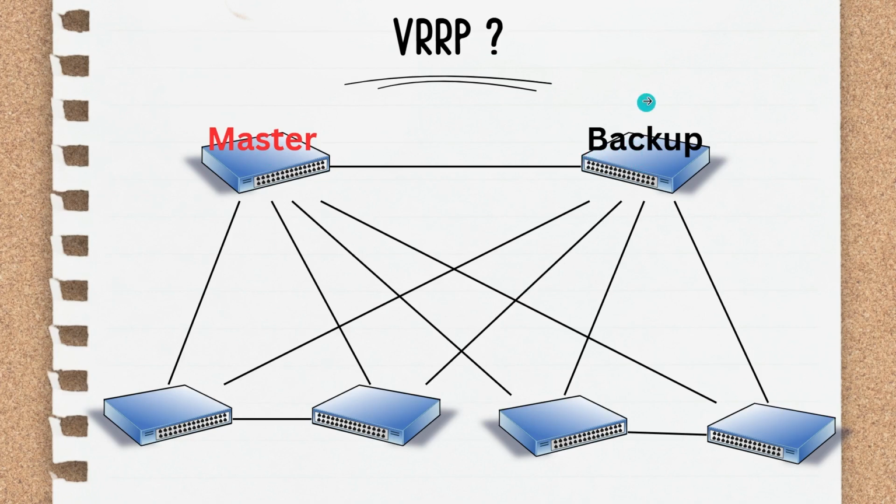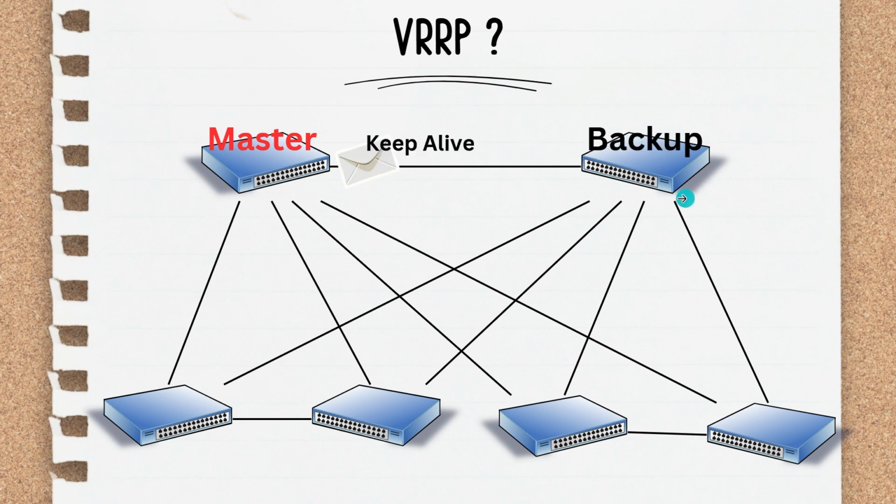This switch also has a gateway IP, but is currently backup, so it won't work for now, and this switch is working. Whenever the master fails, the backup will become active, and it will take the place of that gateway, and it will allow all the traffic coming in, and this will now be the new entry and exit point of the network.